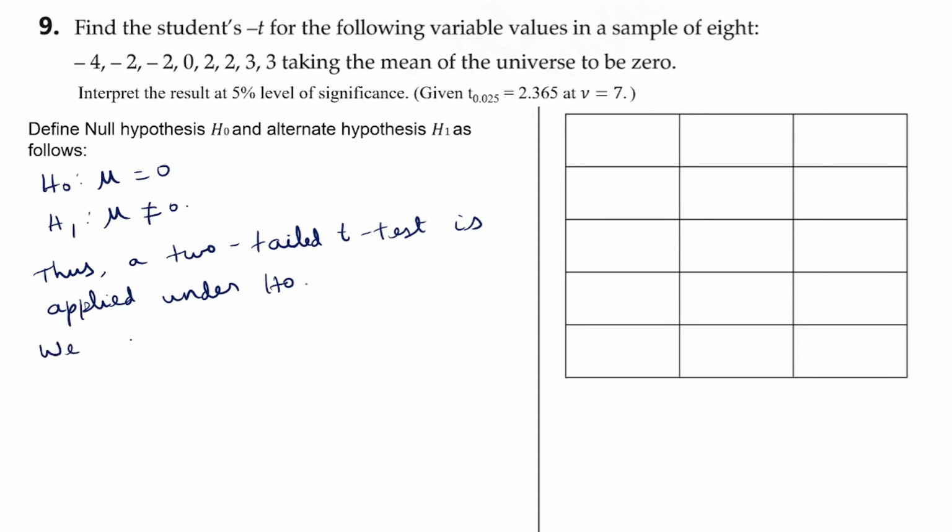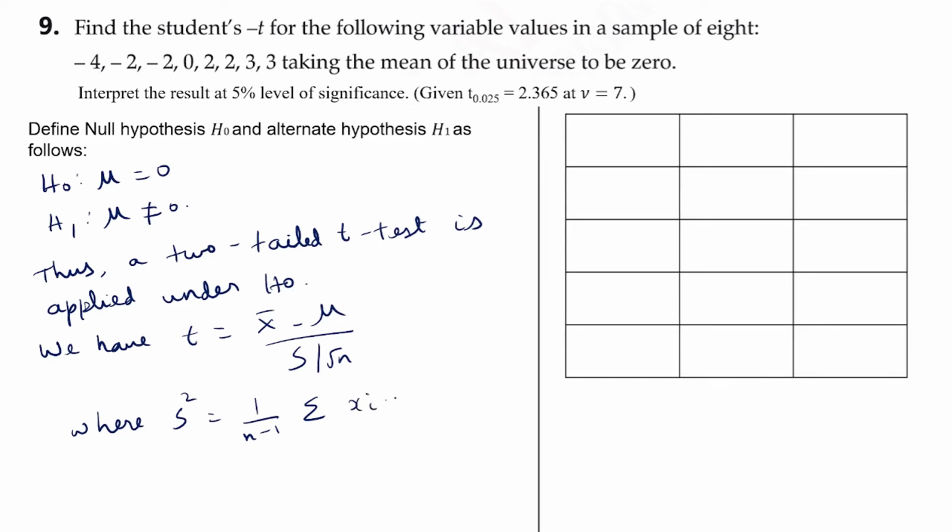So we have t equal to x bar minus mu upon s by root n, where s square is given by 1 by n minus 1 summation xi minus x bar the whole square.